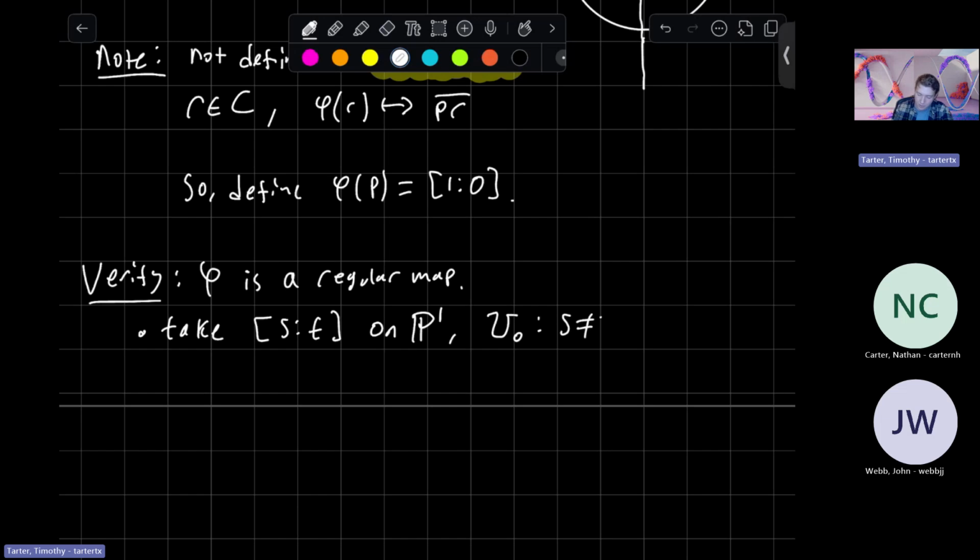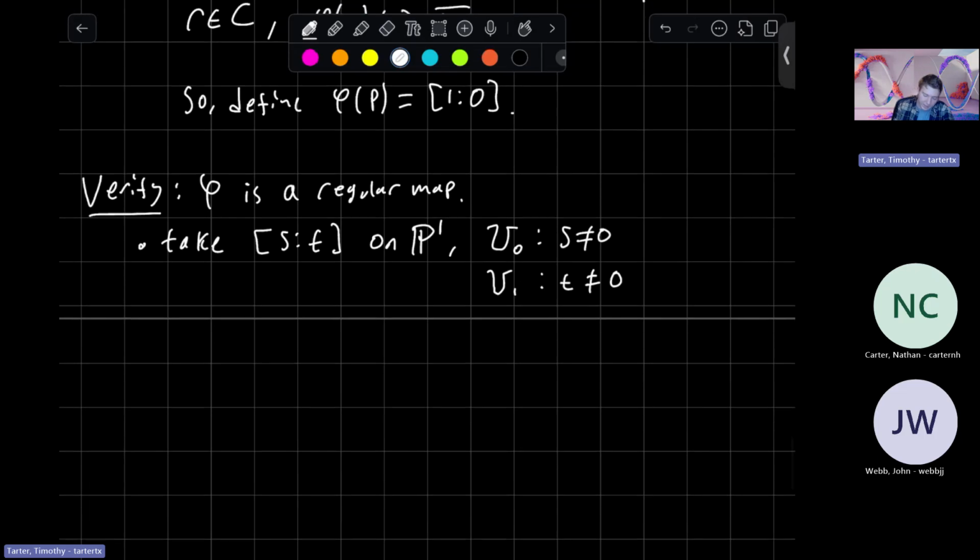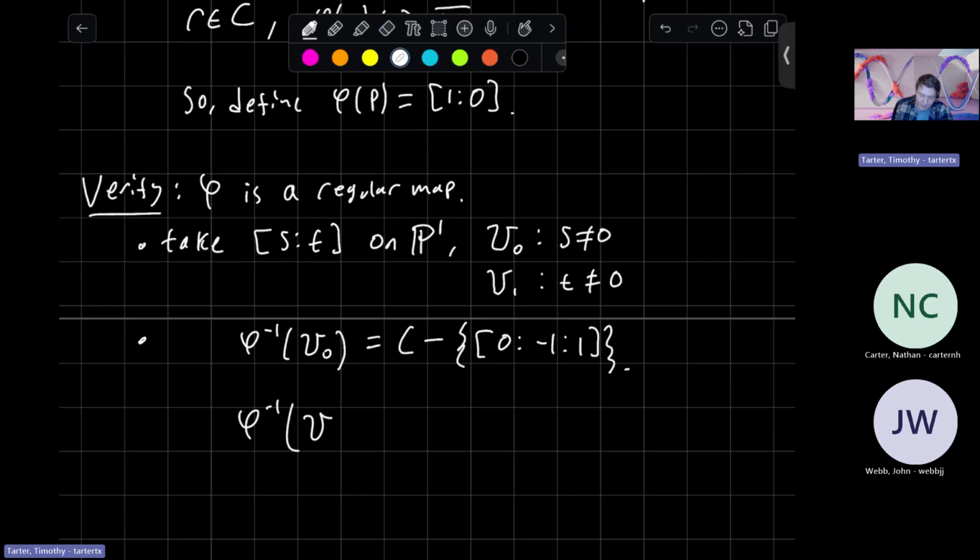U0 is defined by the first coordinate being non-zero, and U1 is defined by the second coordinate being non-zero. Well, then taking the inverse image of each affine slice of P1, we get back the circle minus the point that this omits. So namely 0, -1, 1. And then of the second slice, we get 0, 1, 1.